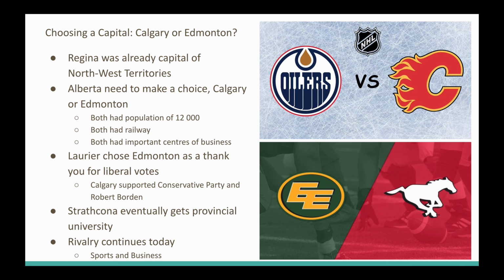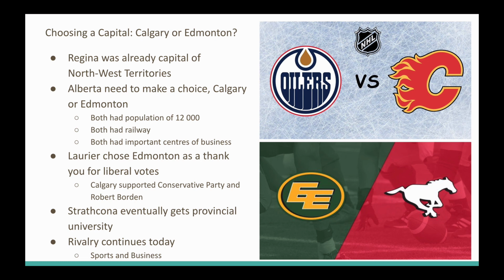However, the premier of Alberta, Rutherford, at the time, he chooses Strathcona to get the University of Alberta, further angering the Calgarians. And Strathcona is a town just south of Edmonton, across the river, that eventually becomes amalgamated into the city of Edmonton.